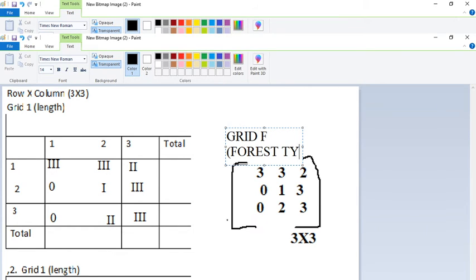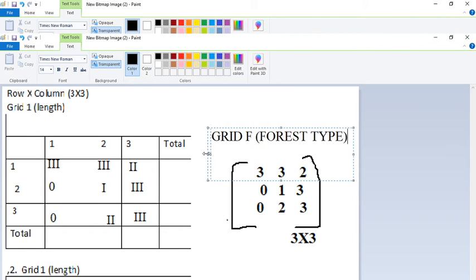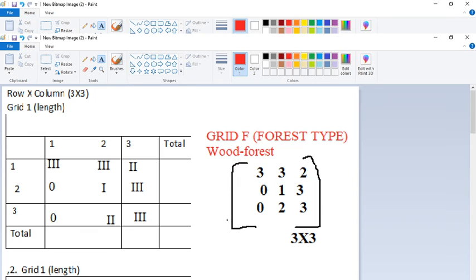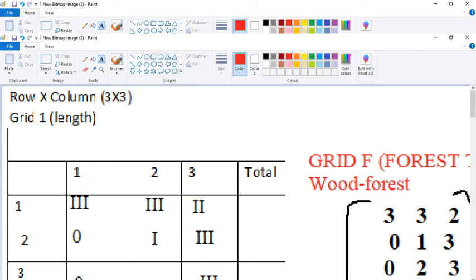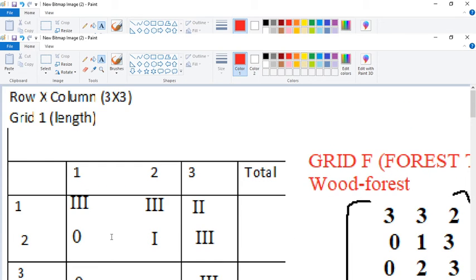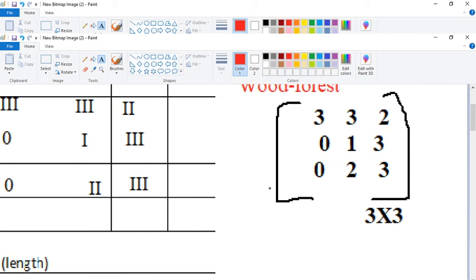The attribute is woodland, the woody forest, woody tree, for the wood forest. This is the matrix. This comes after the observation. This comes from this table.